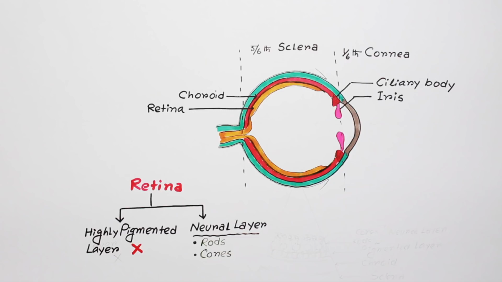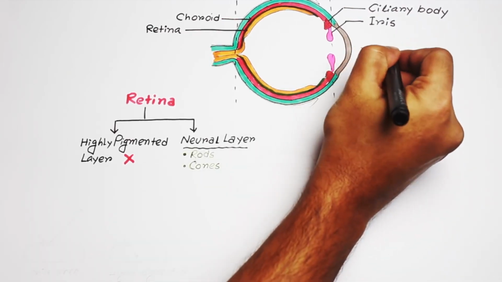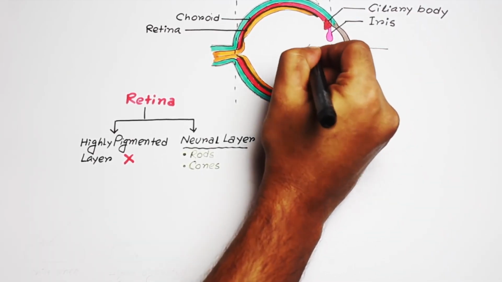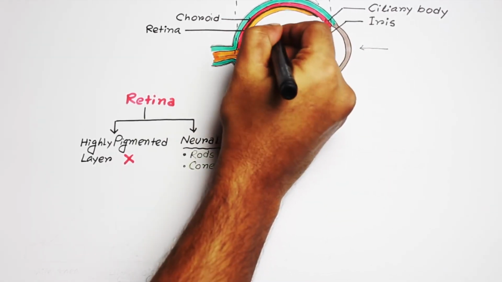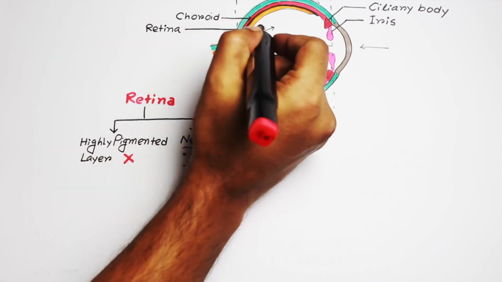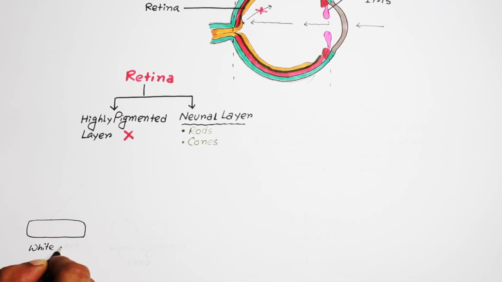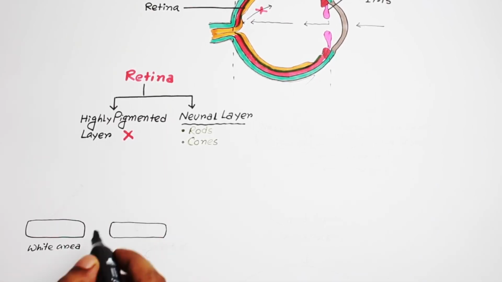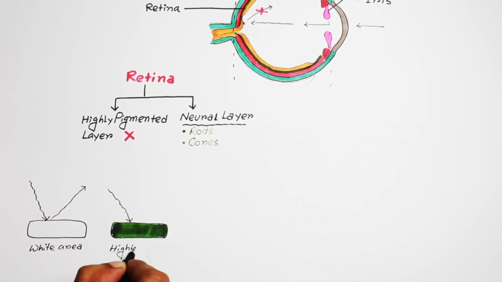You must be wondering, why is it hyperpigmented and what is the use of hyperpigmentation? Well, when light comes into our eyeball, it should get absorbed first, and shouldn't get reflected, otherwise the image will be destroyed. As we know, a highly pigmented area absorbs light better than a white or poorly pigmented area.